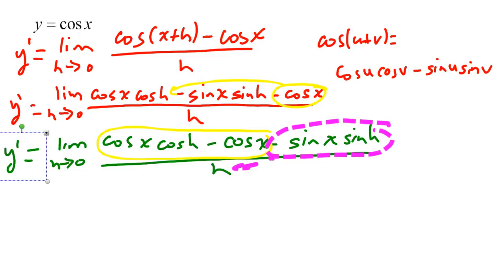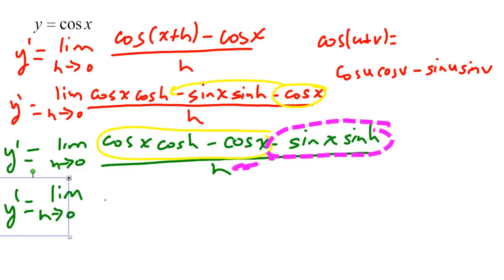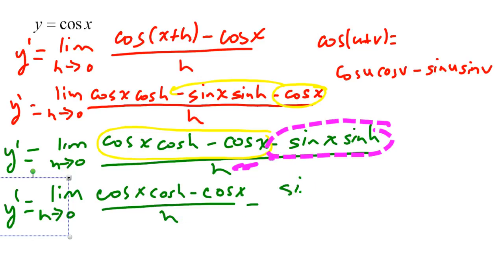By doing that, I get the derivative equal to the limit as h approaches 0 of the cosine of x times the cosine of h minus the cosine of x, over h, minus the sine of x times the sine of h all over h.